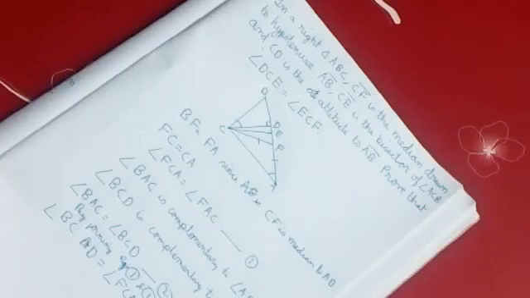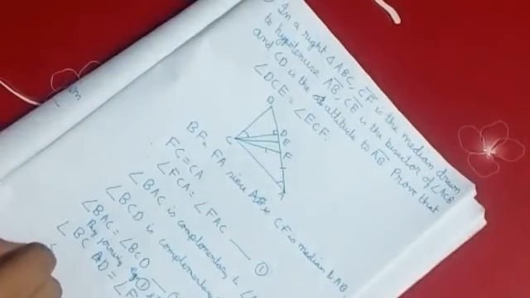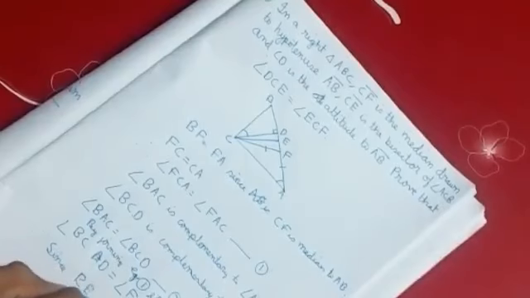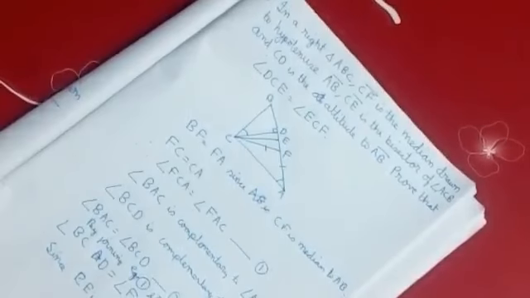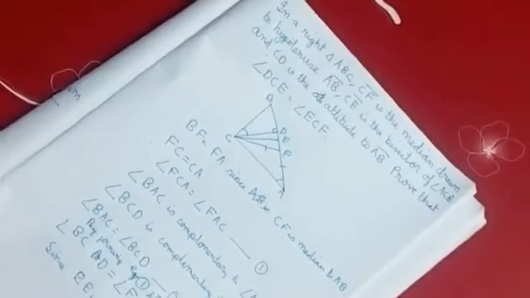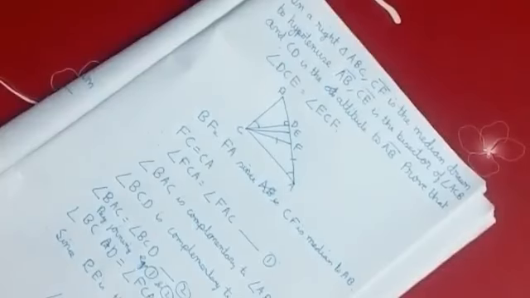Done. Therefore, since CE is the angle bisector of angle ACB, angle BCE is equal to angle ACE.